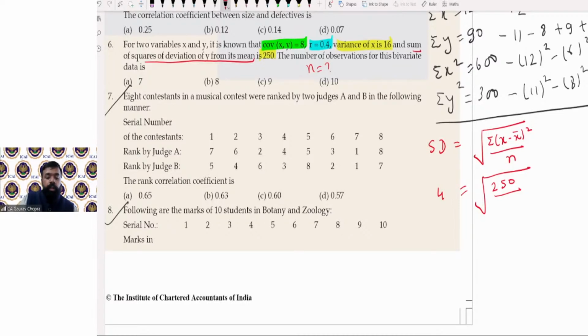So n is not available. Let's square both sides: 16 is equal to 250 upon n. So therefore 250 divided by 16. Okay, that will be the answer.